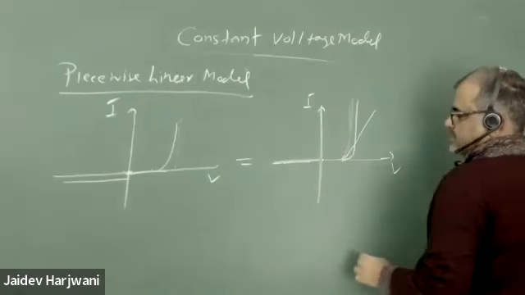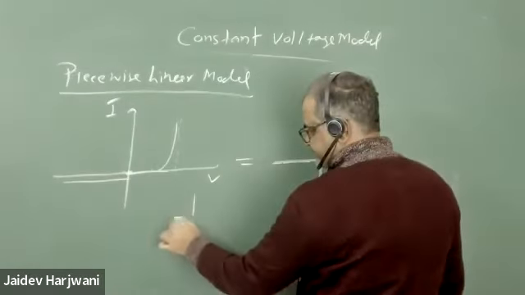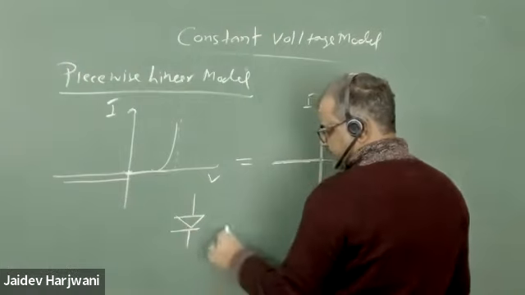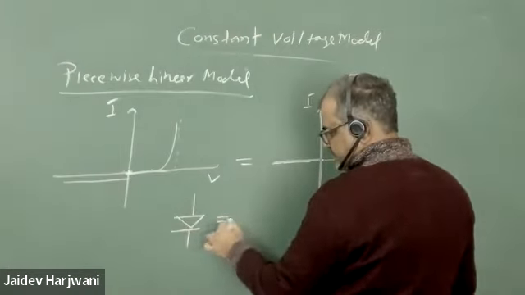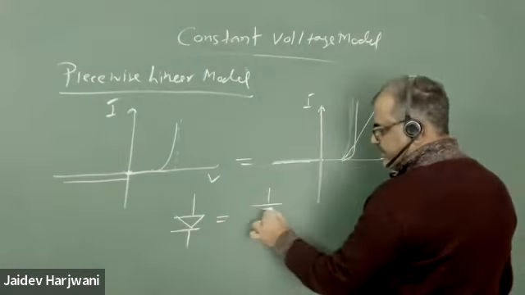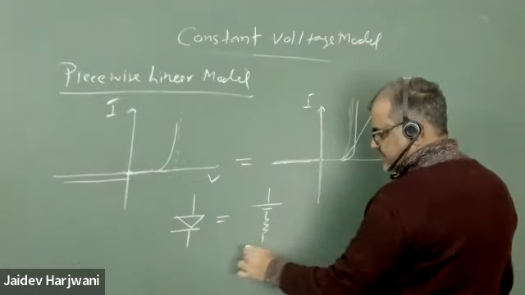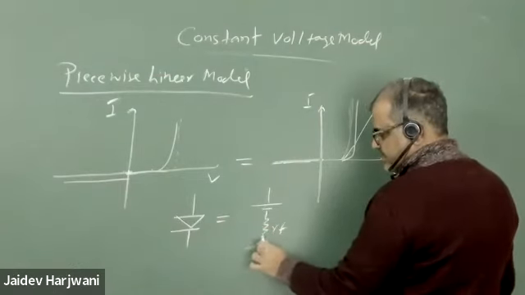So whenever the diode is in the circuit, in forward bias, you have to replace it by a battery as well as a forward resistance RF.